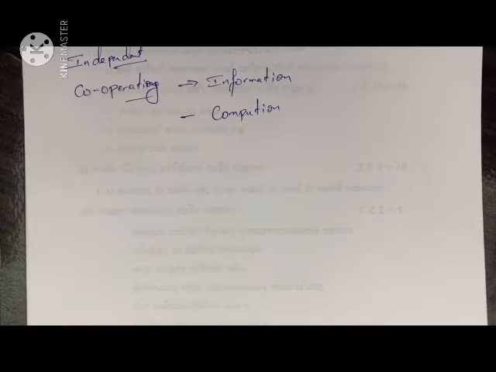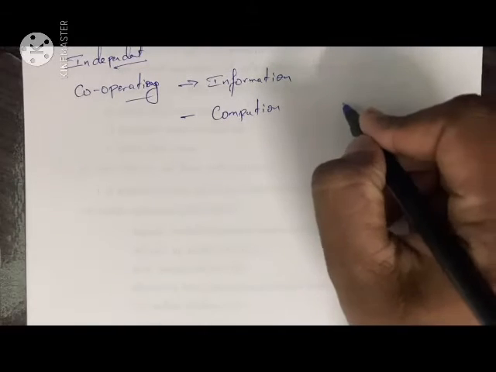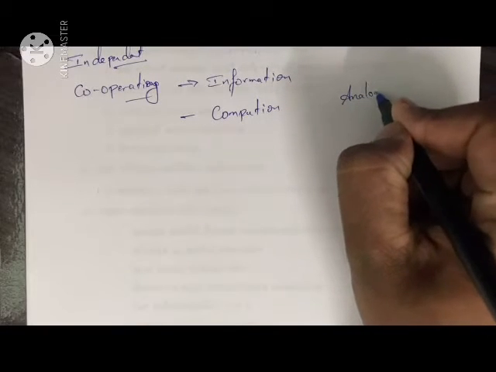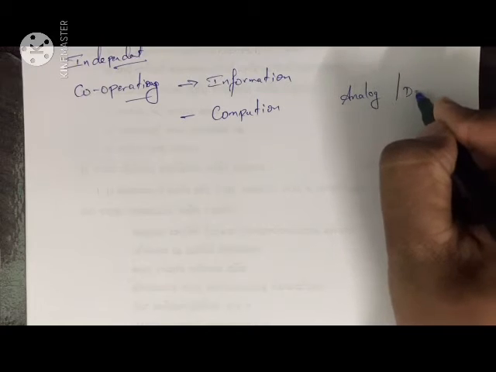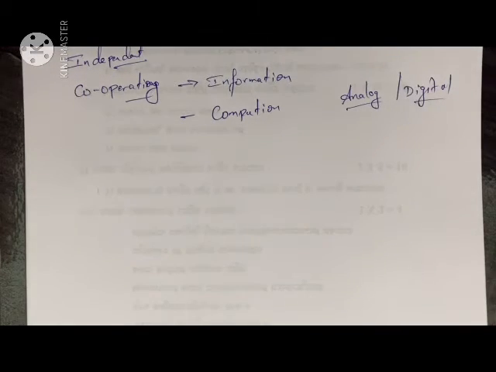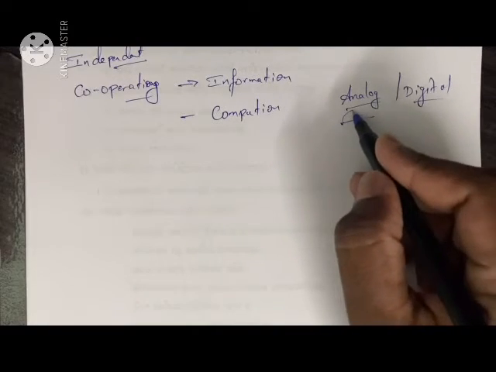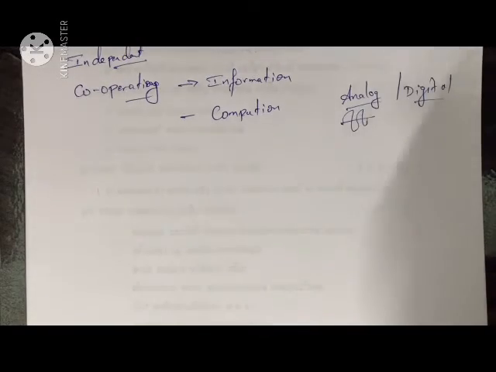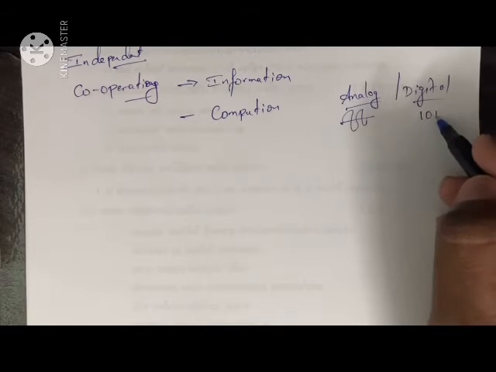You can also consider the mic as an example. As you know, we have some basic things like analog as well as digital. Analog is when the data is in the form of sine waves, or in the form of waves. Digital is when the data is in the form of ones and zeros.